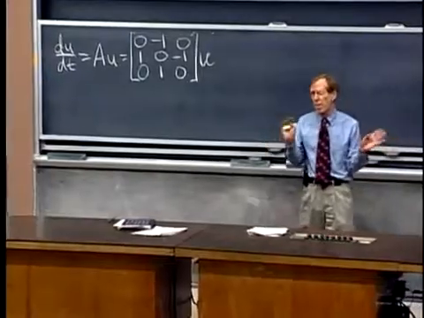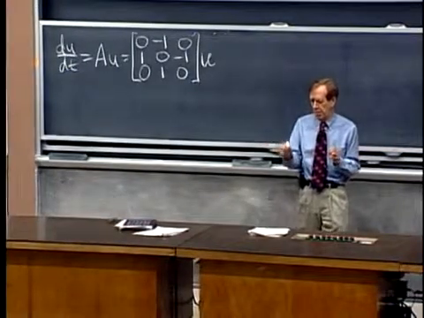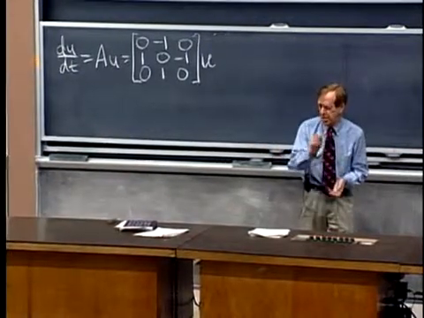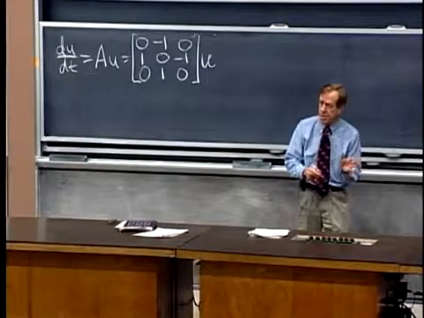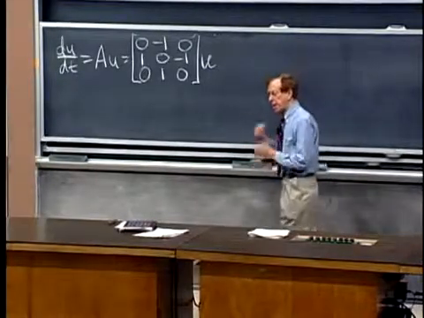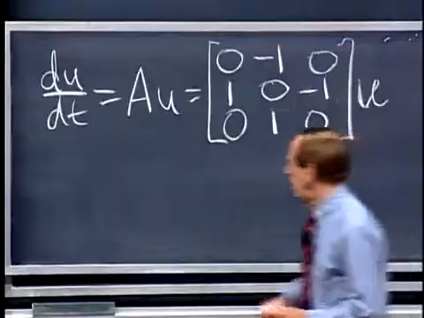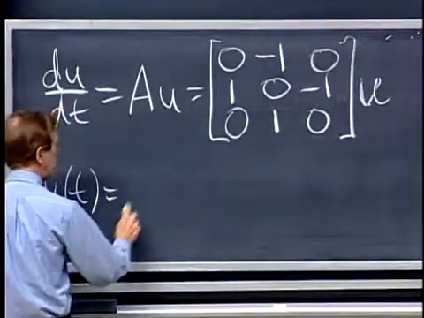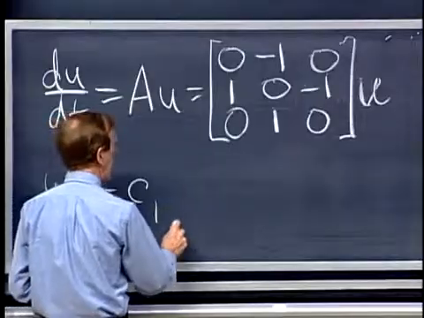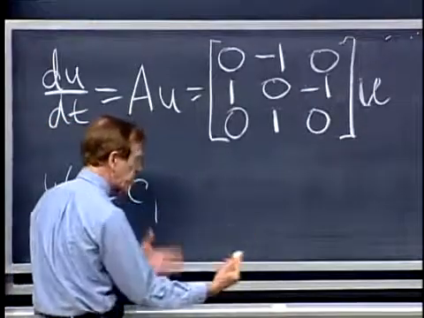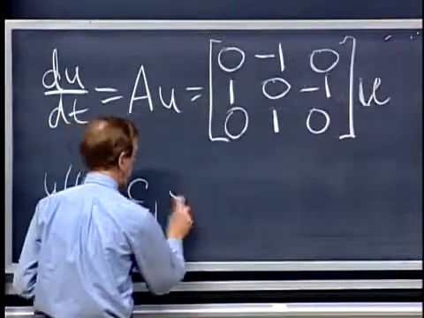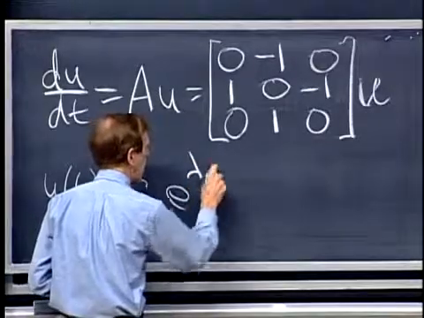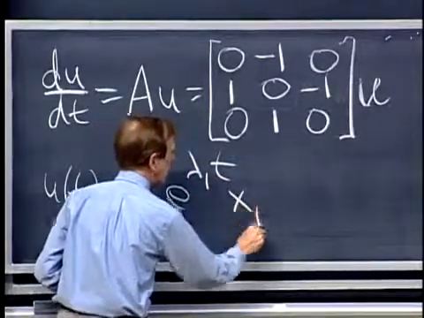So now what's the form of the general solution? With 3 arbitrary constants inside it, because those will be used to match the initial condition. So the general form is u at time t is some multiple of the first special solution. The first special solution will be growing like e to the lambda 1 t, and it's the eigenvector.